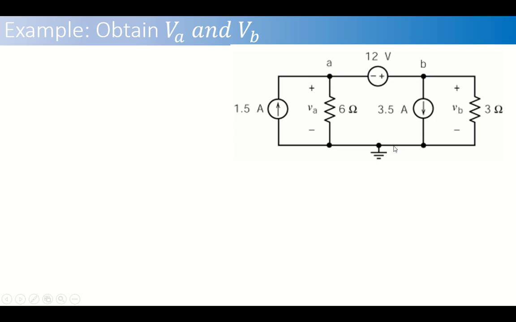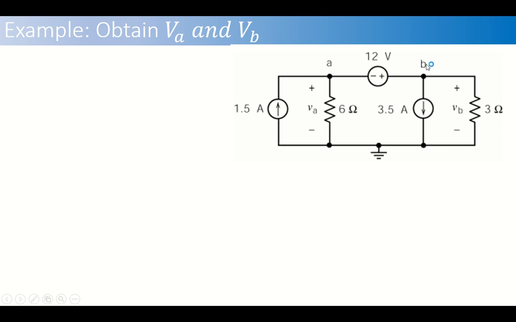So if we want to apply KCL, at point A we cannot apply KCL because in this branch there's only one voltage source and there's no resistance, so we cannot use Ohm's law to construct the equation for the current in this branch.